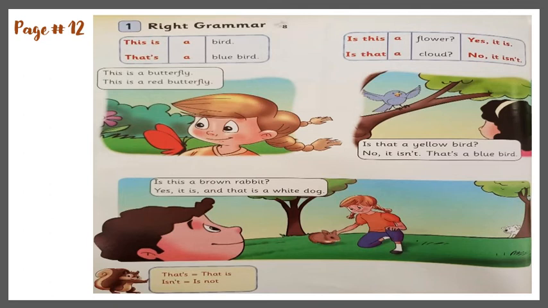You can see the butterfly is near to the girl, so she used this is a butterfly. And in the next picture the bird is far away, so the girl used that. Is that a yellow bird?